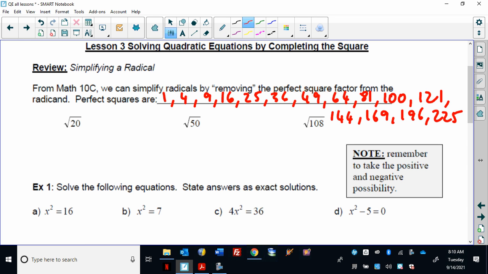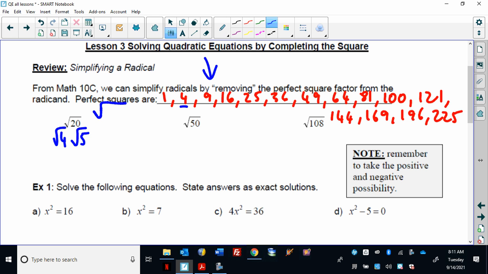So for this first example, root 20, we want to find two or three numbers which will multiply to get 20, one of which is in this list. And you can probably clearly see that it's going to be 4 times 5. So we're going to break root 20 down into root 4 times root 5.